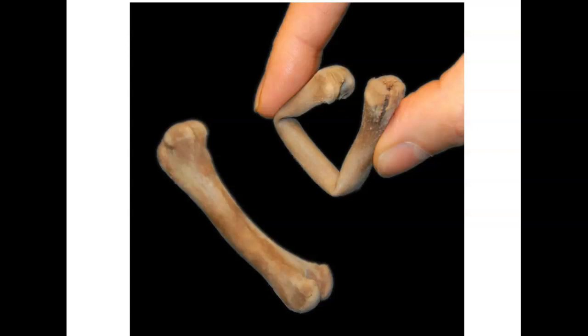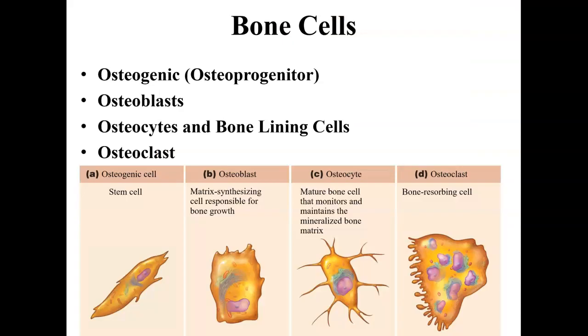And what you see is that they're very flexible. They're able to bend because they've gotten rid of the hard matrix and only left behind those collagen fibers. So with these collagen fibers, we know from previous chapters that collagen is actually made from protein. So you do have a lot of this protein that's going to be found in your bones.